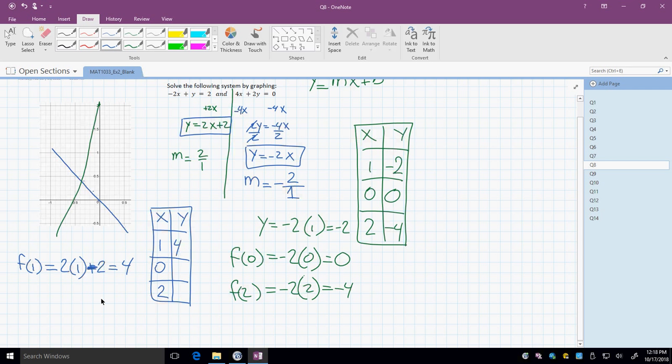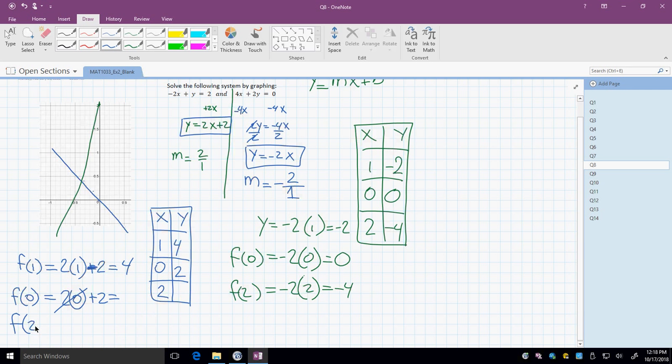So when x is 1, y is gonna be 4. Two times 0 is gonna be gone. So when x is 0, y is gonna be 2.